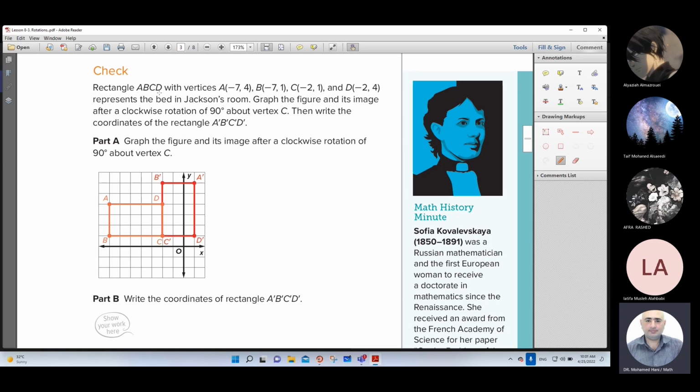Rectangle ABCD with vertices A, B, C, and D represents the bed in the jigsaw room. Graph the figure and its image after a clockwise rotation of 90 degrees about vertex C, then write the coordinates of the rectangle A prime, B prime, C prime, and D prime.